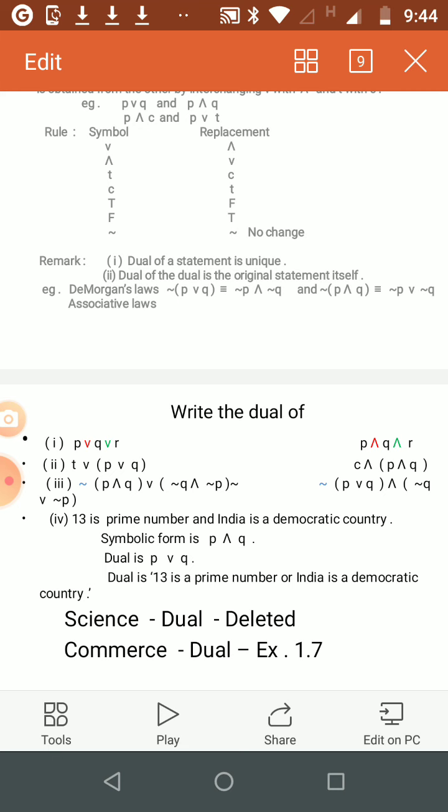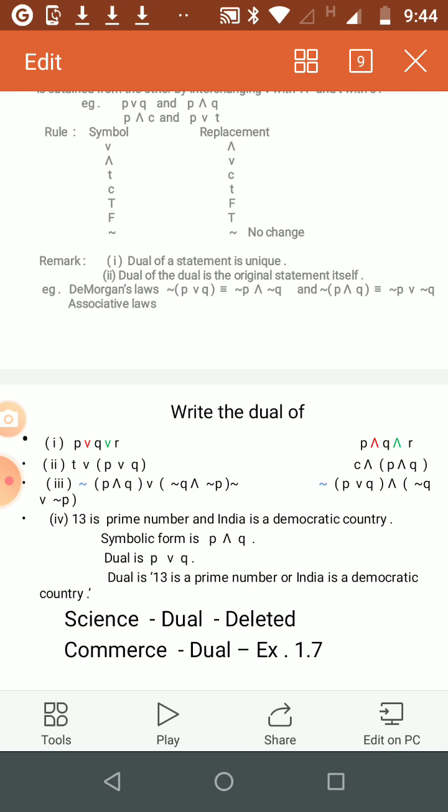Then in the third example we have negation of P and Q, or negation of Q and negation of P. There is a printing mistake here. It's repeated, that is to be deleted. So when we write the dual, we keep these negations as they are. How many negations do we have? Not 1, 2 and 3. Three nots.